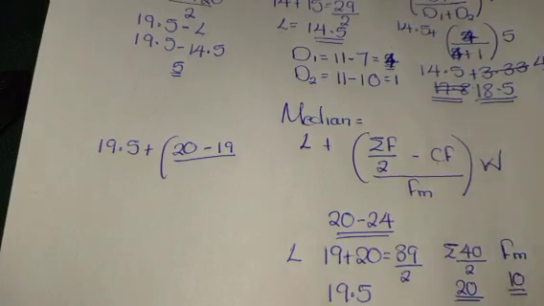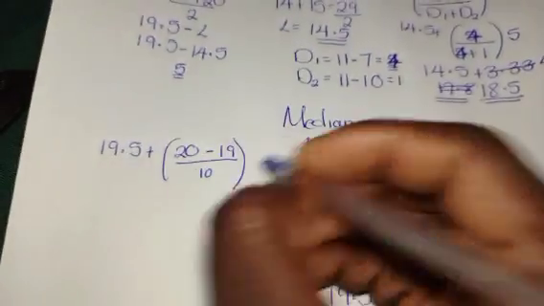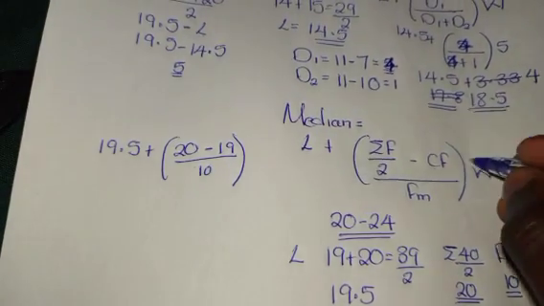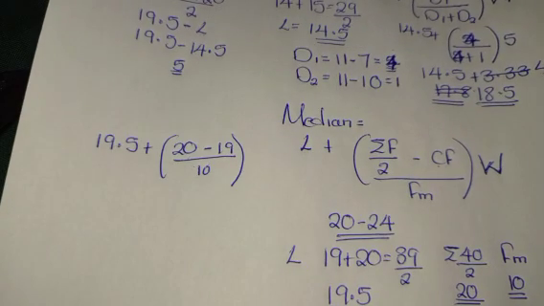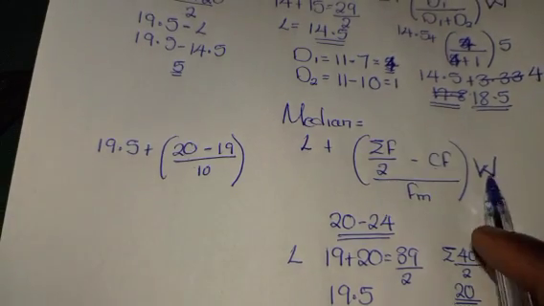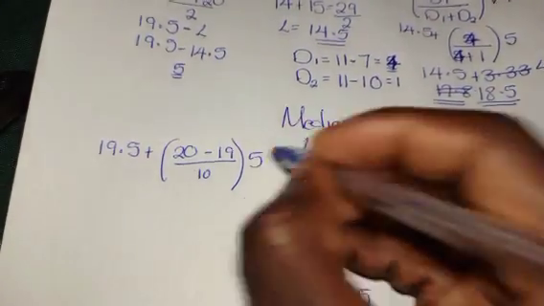In this case it is 10. Then we close the bracket, where remember we said from drawing the frequency distribution table we learned that the width is always constant. So the width in this case is basically 5.